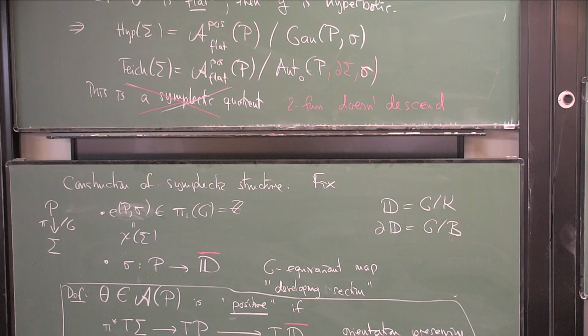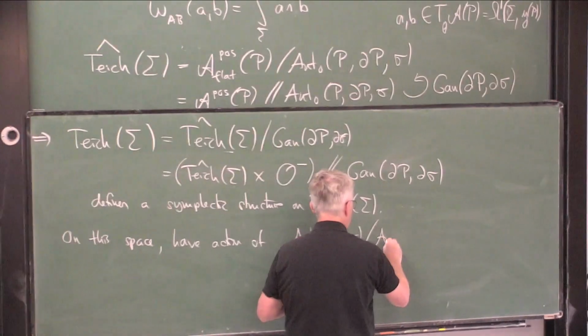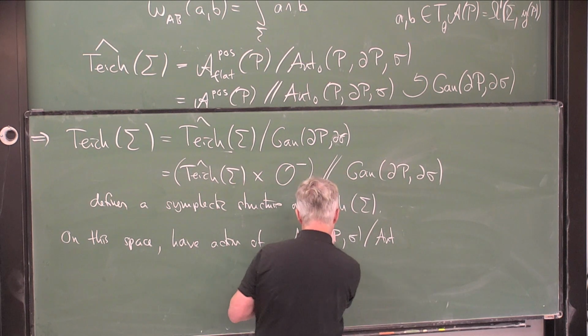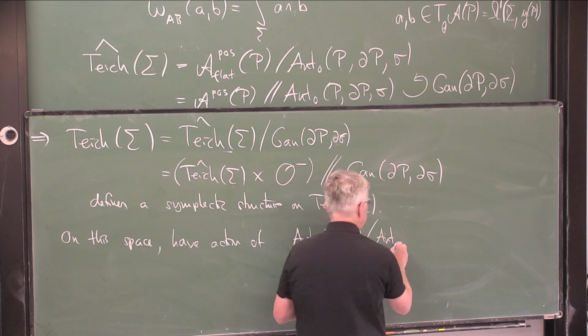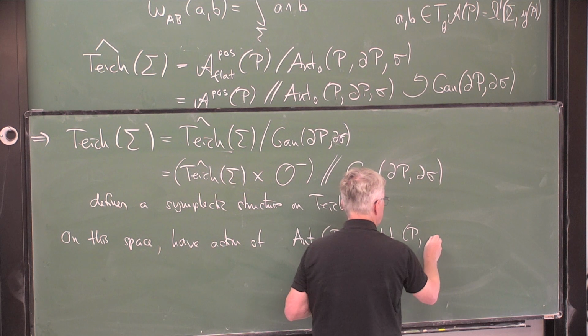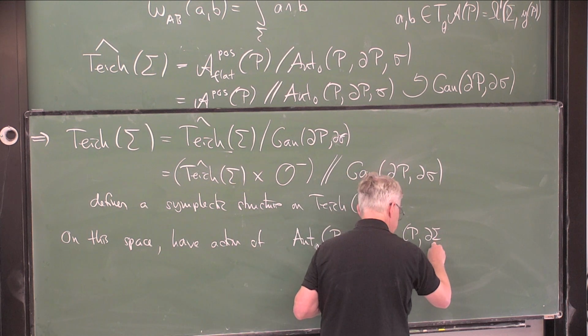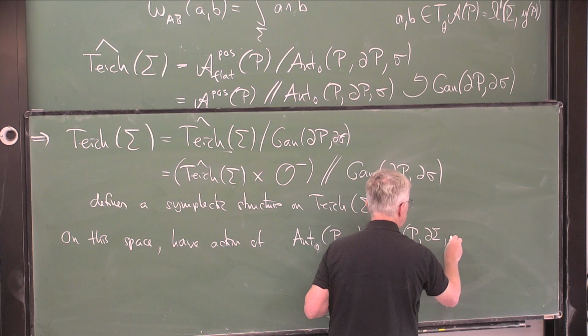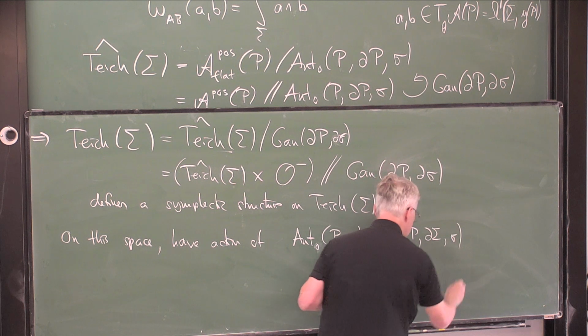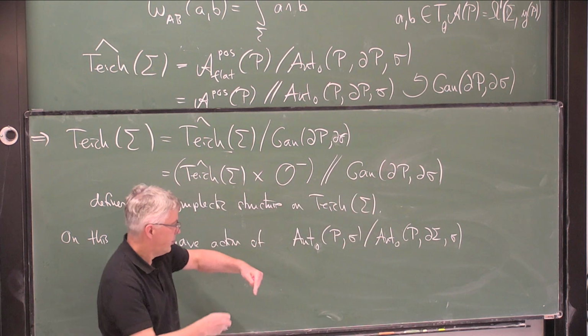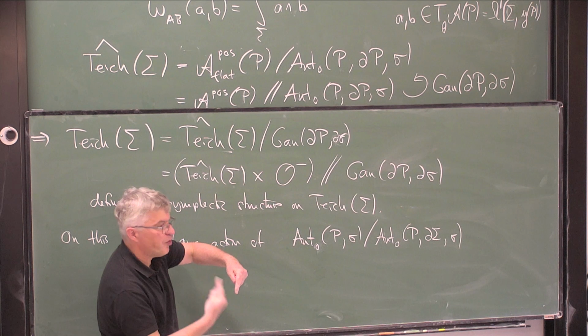But the group that we're quotienting by is the identity component of automorphisms preserving sigma. And this group still has the diffeomorphisms of the boundary.